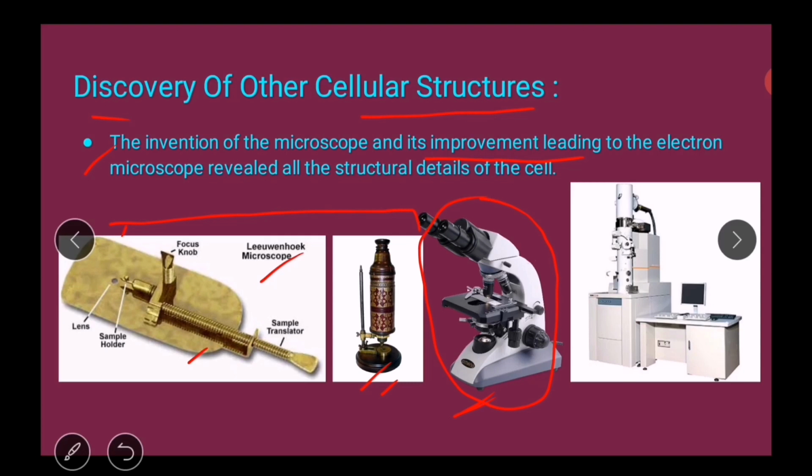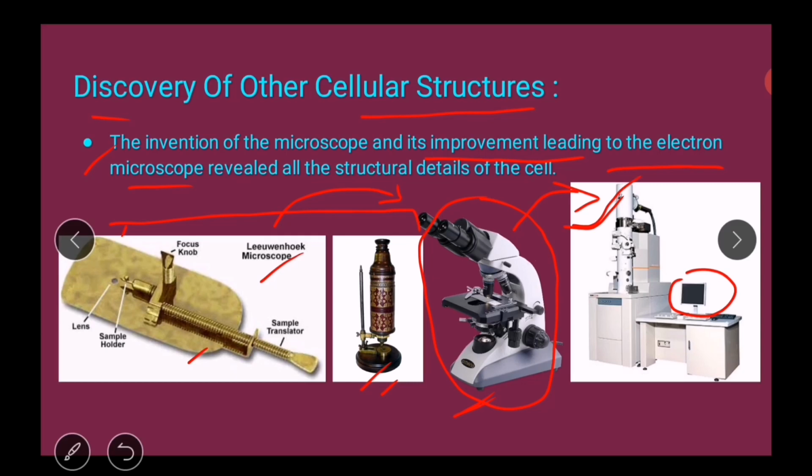After the improvement of the simple microscope to the compound microscope, the next big invention, to see smaller things, was the electron microscope. We use electrons here to make the smaller things larger and view them on our computer screen.